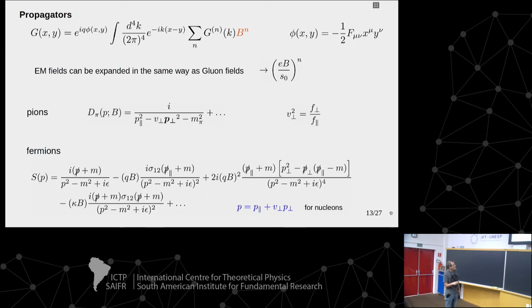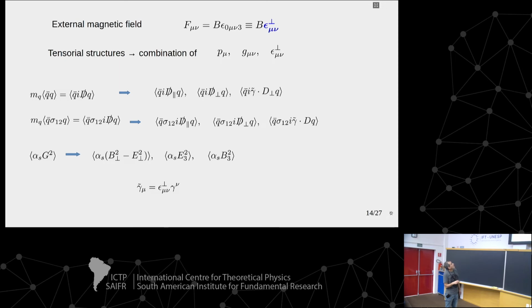Notice that here there's an anomalous magnetic moment. The external magnetic field we will write in this way.